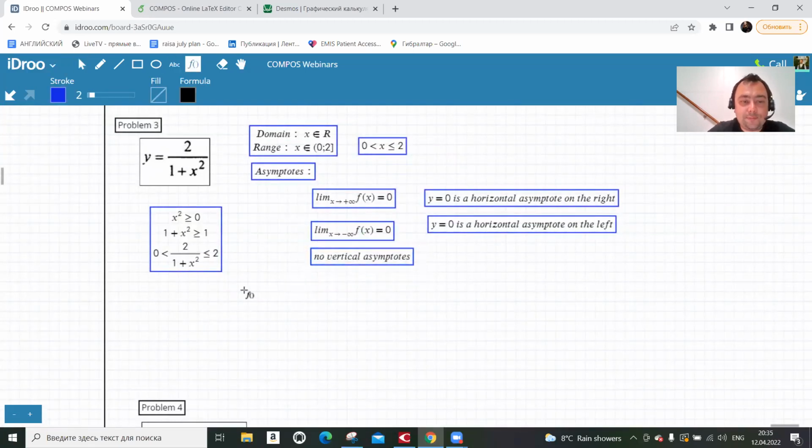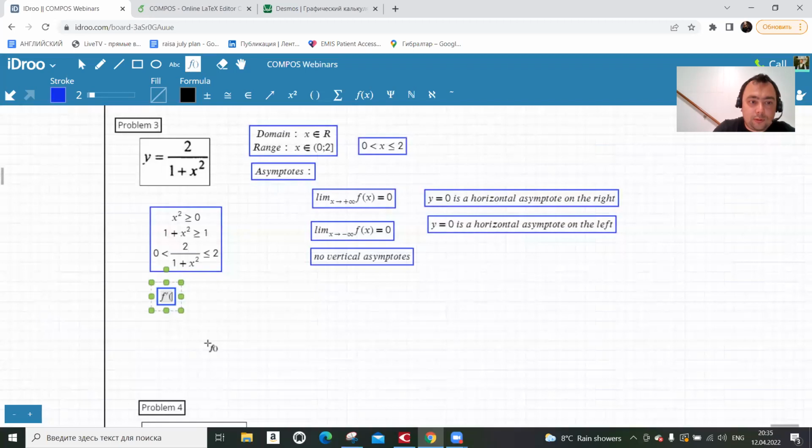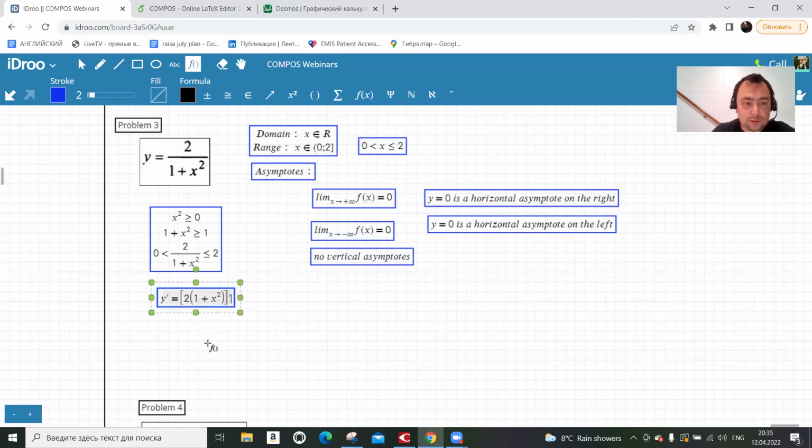Okay. Let's find the first derivative. Just write y prime. So it's going to be the derivative of 2 over 1 plus x squared, which equals 2 times (1 plus x squared) to the power minus 1, and prime.